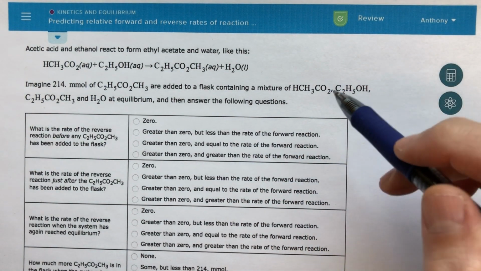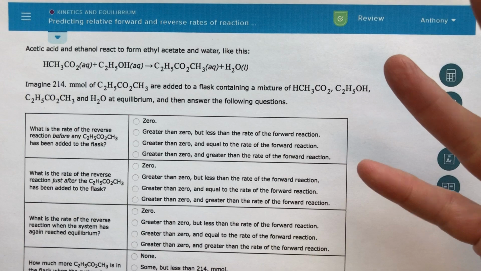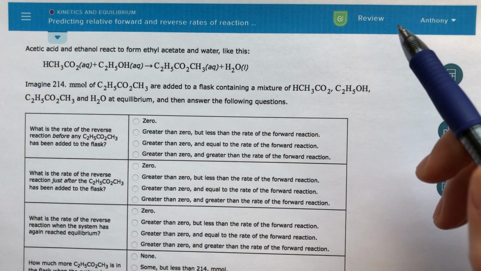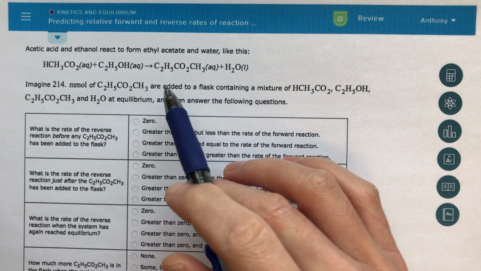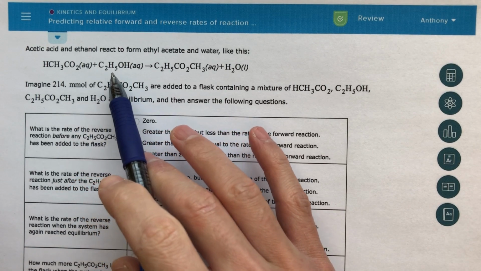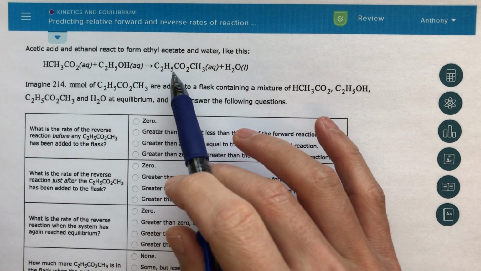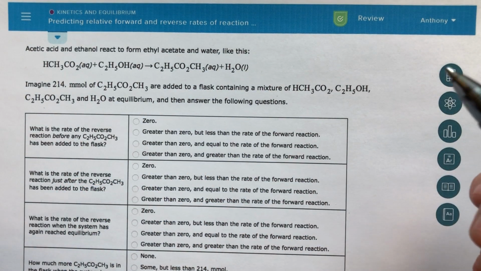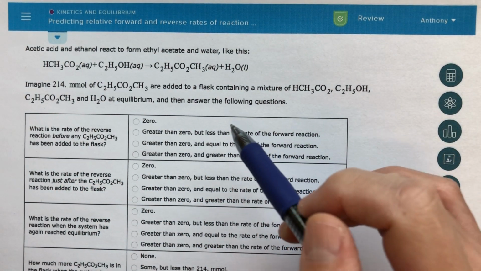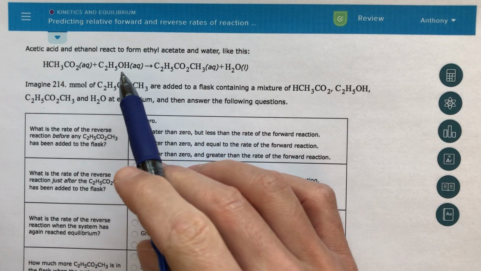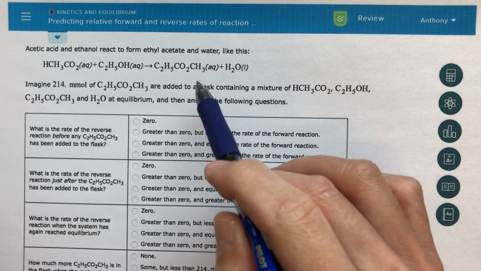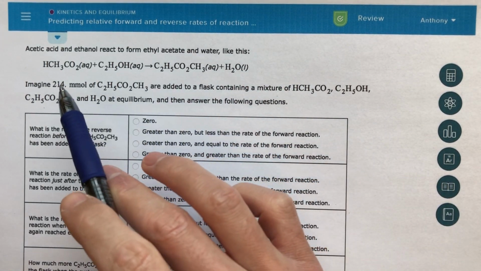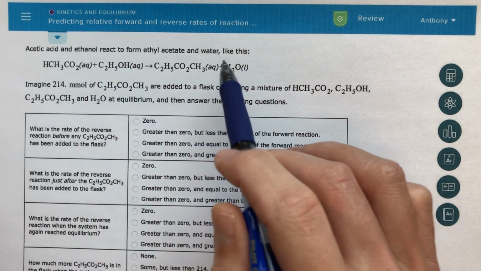I'm just going to do this one example for this. I think it covers basically all we need to cover. So in this case, it says we've got acetic acid and ethanol formed to react to form ethyl acetate and water. So this is just a balanced chemical reaction, and the concept here is that even though this is written as just a forward reaction, in fact, we're going to have both a forward reaction, going from the reactants on this side to the products on the other side.